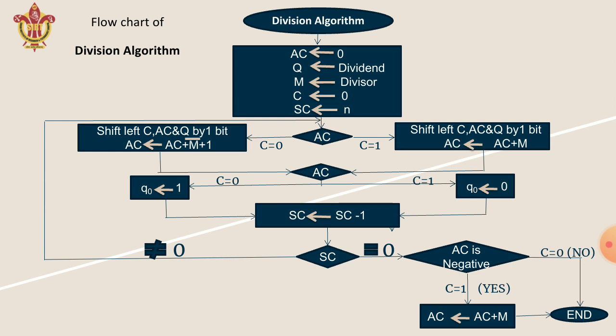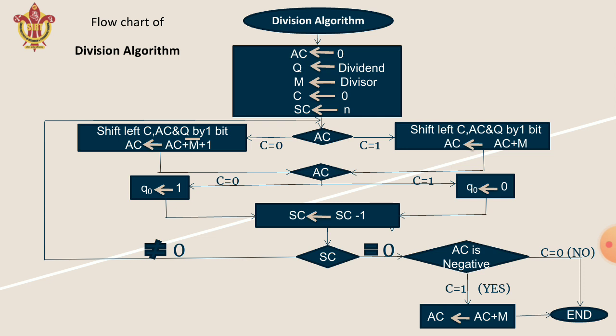If the SC is not equal to 0, then again the operation will be performed by checking the value of AC, and if SC is equal to 0, then we check the value of AC.